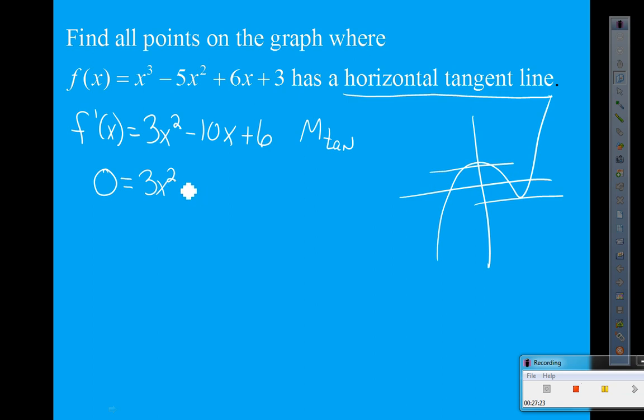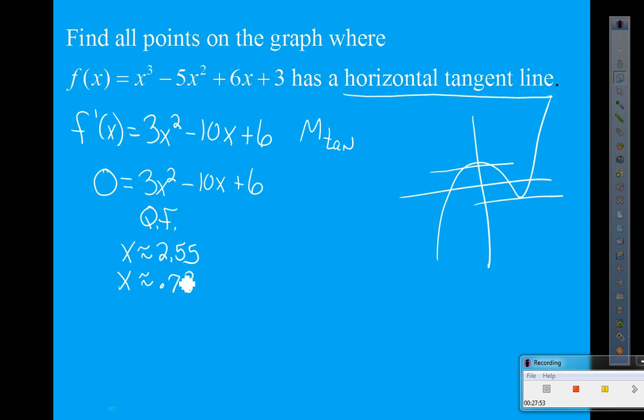So I'm going to set 0 equal to 3x squared minus 10x plus 6. I would normally factor this, but it doesn't factor. So I'm going to grab my calculator and use the quadratic formula, and when I do that, I get that x is about 2.55, and x is about 0.78.